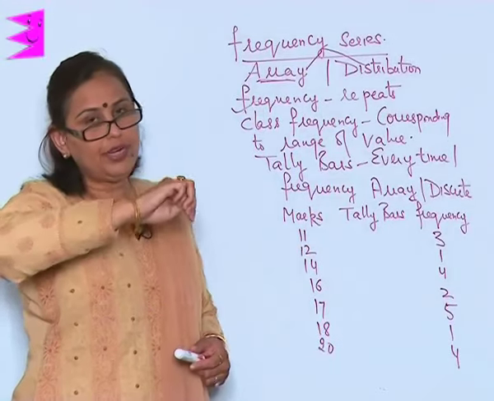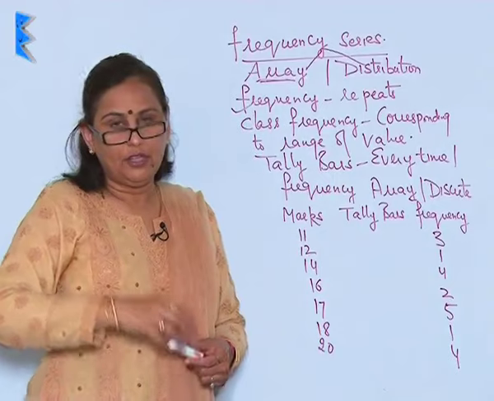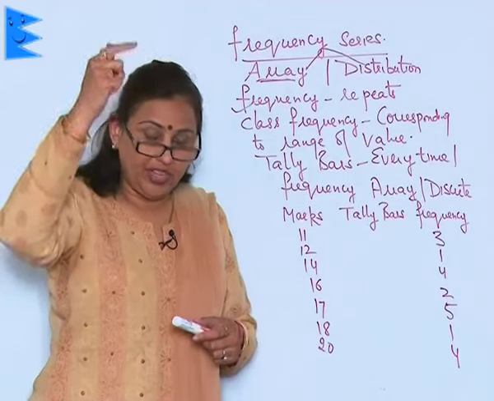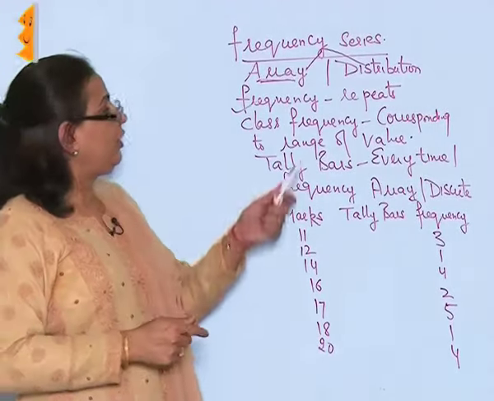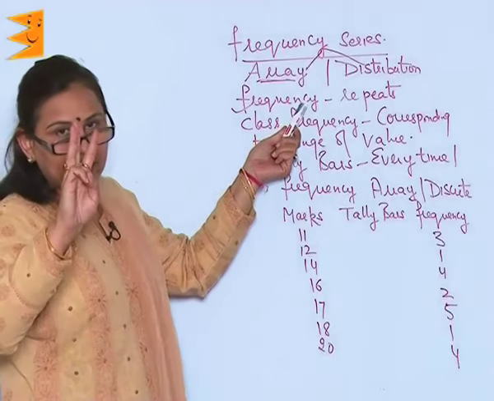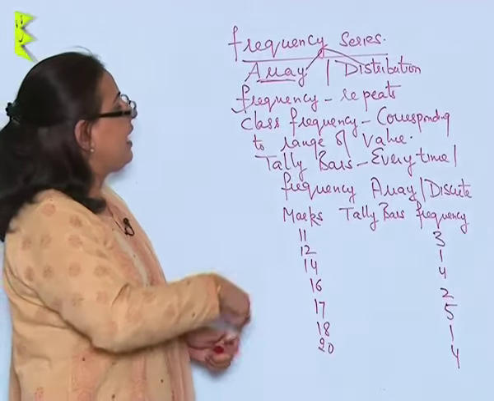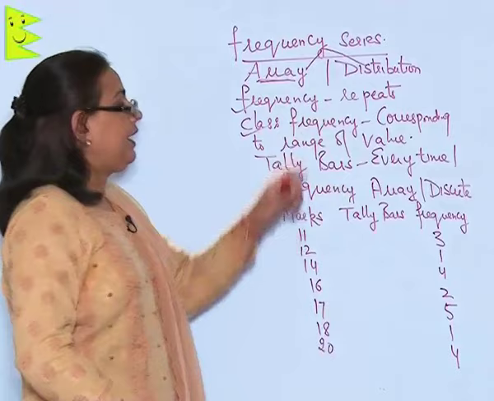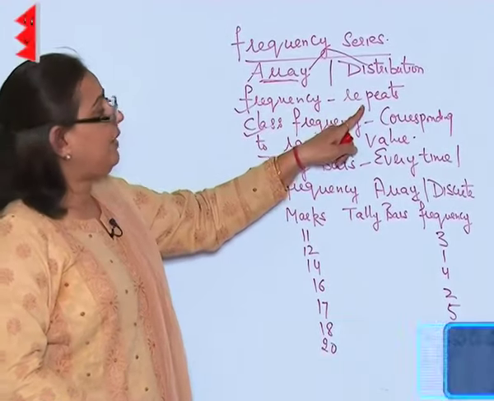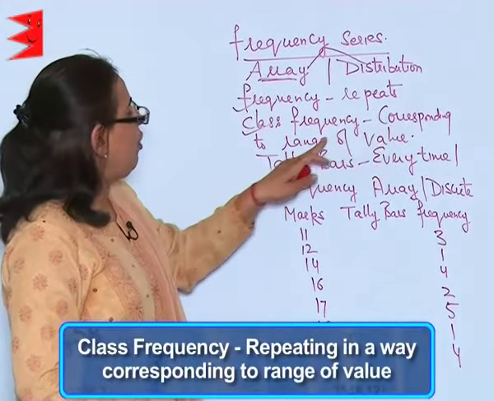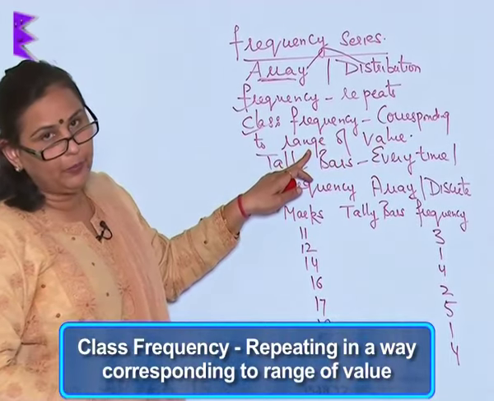Say 3 students have got 30 marks. So 30 is repeated 3 times in that data. So the frequency here will be 3. Next is class frequency. It again means repeating, but repeating in the sense of corresponding to a range of values.